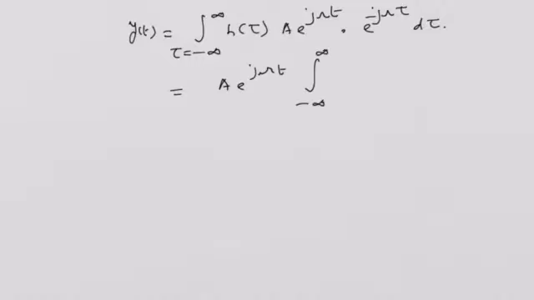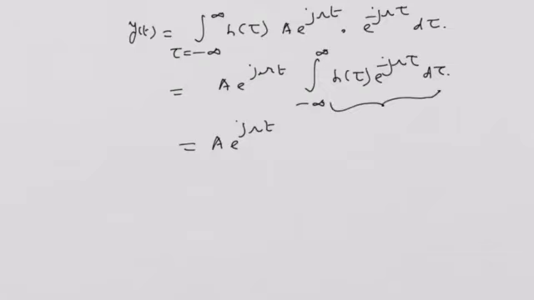The integration is only over tau: h of tau, e power minus j omega tau, d tau. Now at last you can find, surprisingly, this portion is called h of j omega. Agreed? This portion is called h of j omega.